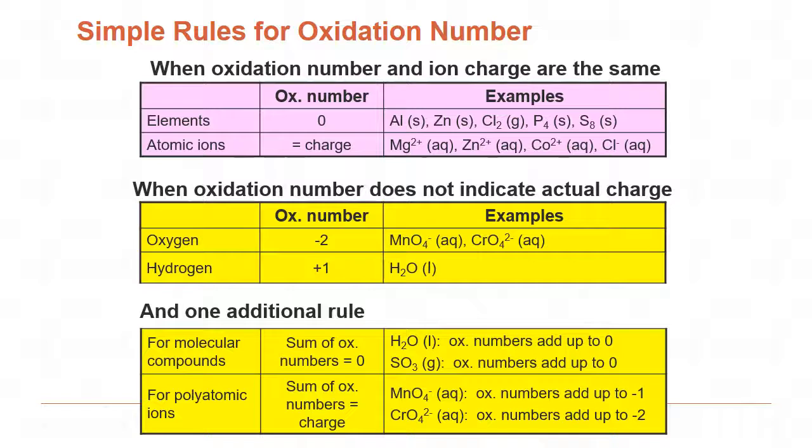So in the permanganate ion, MnO4-, all the oxidation numbers must add up to -1, since that polyatomic ion has an overall charge of -1. And then chromate, CrO4 2-, all the oxidation numbers would add up to -2 in that case.